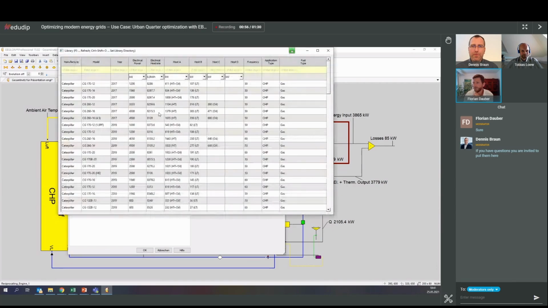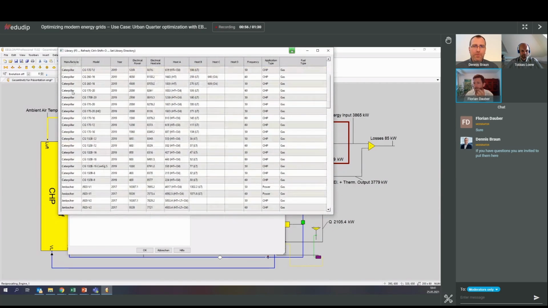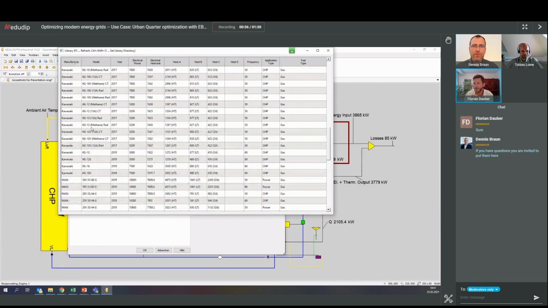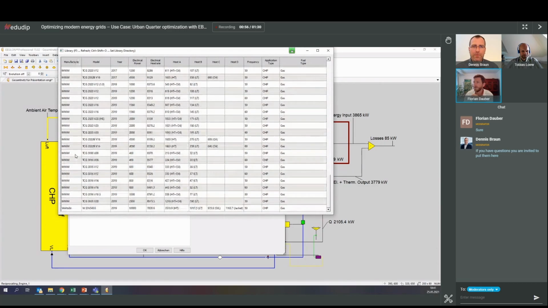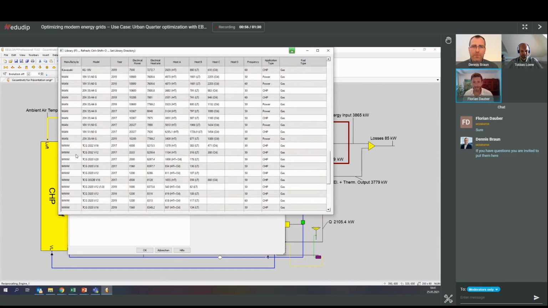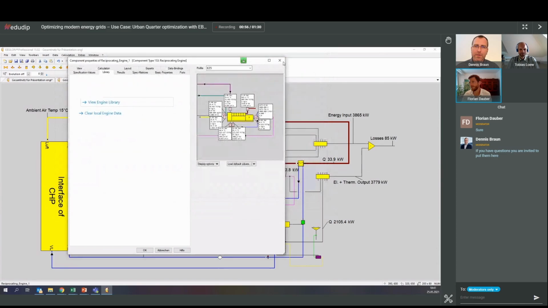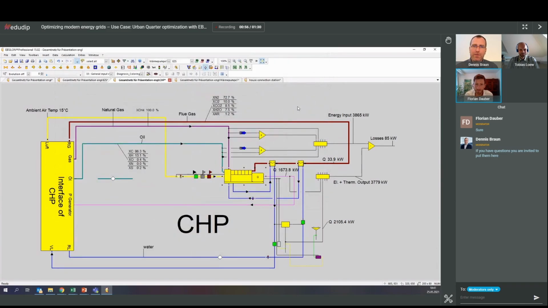You can see you have data from Caterpillar, Jenbacher, Kawasaki, MAN, and so on. So you have detailed design data of gas engines, and you don't have to figure out those numbers yourself or get into time-intensive discussions with your manufacturer. In order to get as close to reality as possible, that helped me a lot during this project.